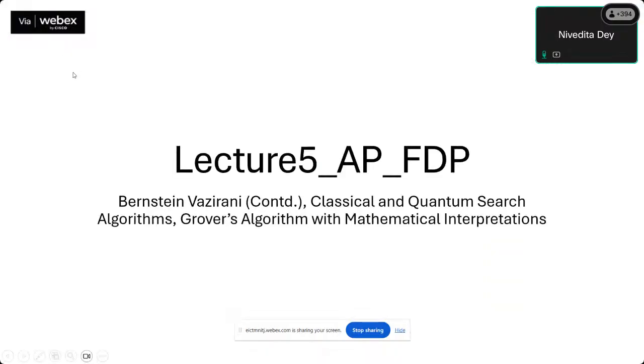But whatever you are getting as S into X, accordingly you have to selectively add a phase gate. So it's a controlled phase gate, a CZ gate. Whenever you are getting the value 1, it will be minus 1 to the power 1, so it will be a phase inversion.